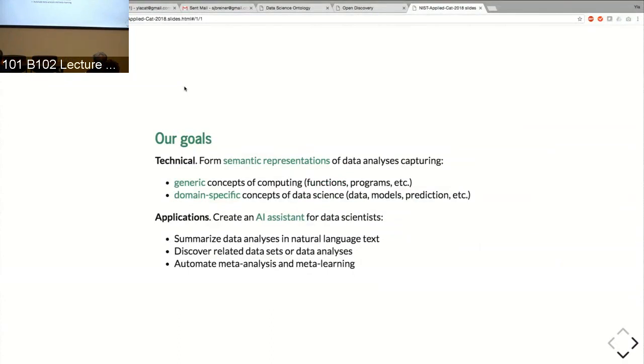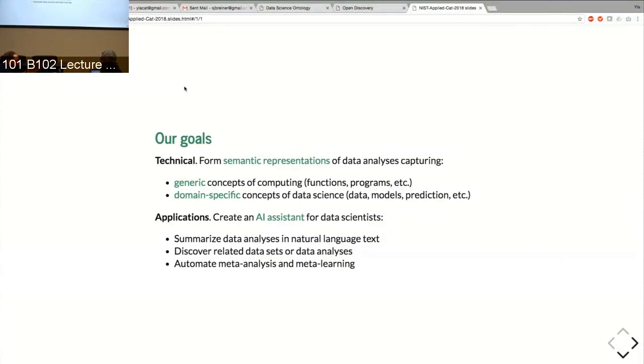And this representation ought to capture the generic computational aspects of the analysis, such as what operations are involved in the data flow and how they're composed, as well as the concepts that are specific to the domain of data science, so things such as statistical models, data tables, and so forth.